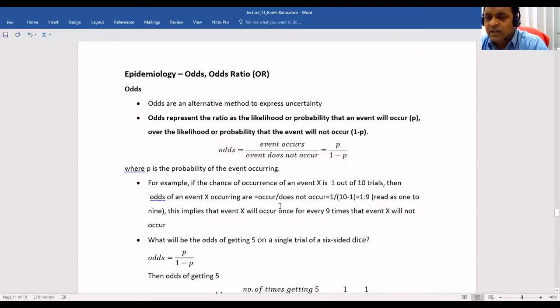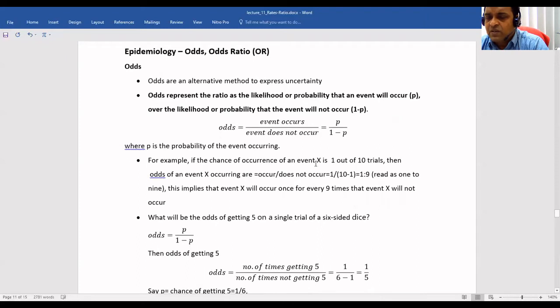For example, if the chance of occurrence of an event X is 1 out of 10 trials, then what are the odds of X occurring? We take the occurrence divided by the non-occurrence.